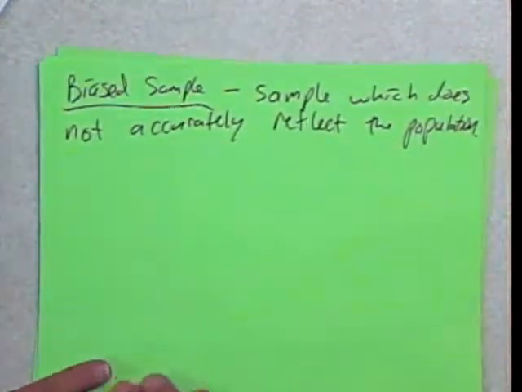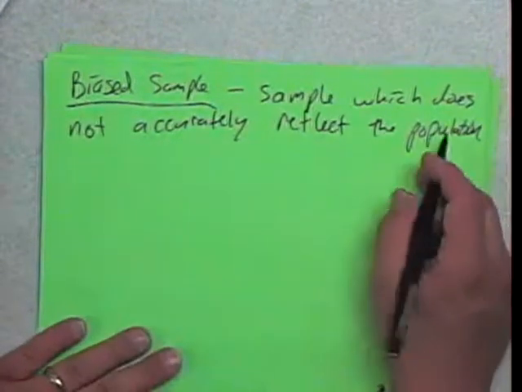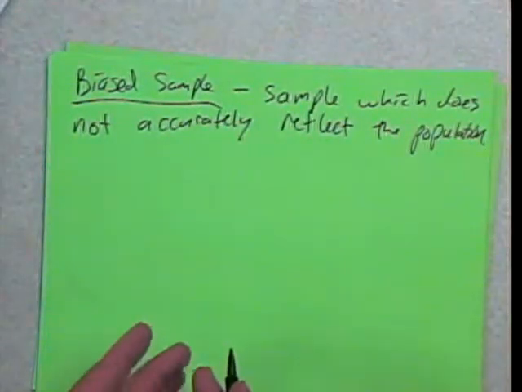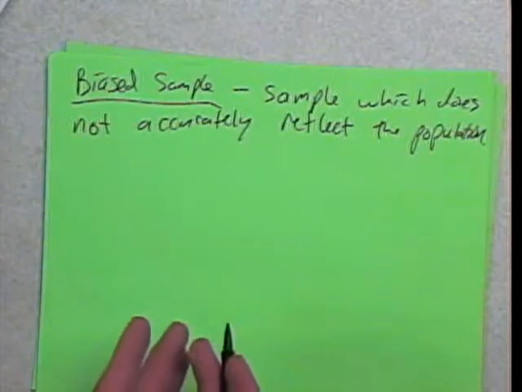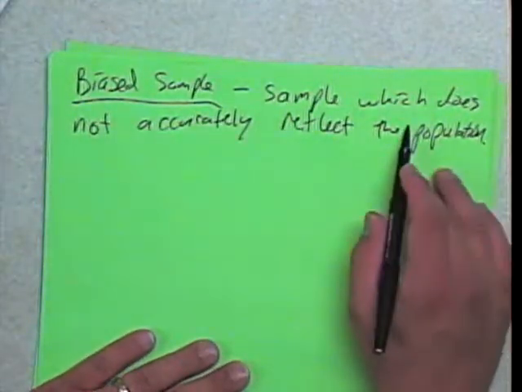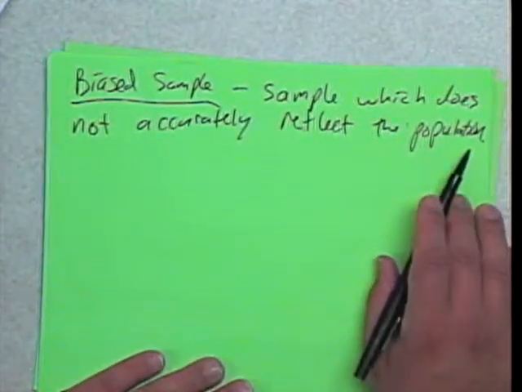So if you draw conclusions based upon the biased sample, the conclusions you draw are going to be misleading. They're not going to necessarily be true for the entire population, and the reason is because the sample doesn't reflect the population.